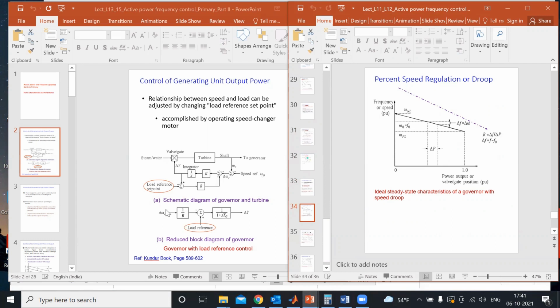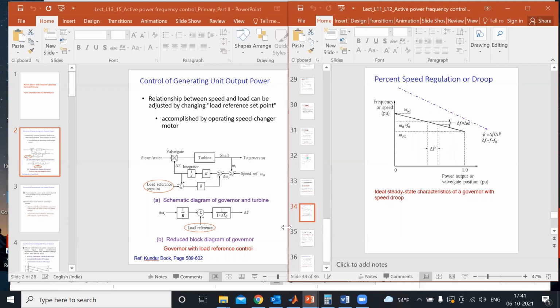So that's not only the speed deviation against the load change, but also how much power change you want from the generator. So that means you include not only the speed droop characteristic, but also the regulation in terms of the output power for the generator, and that we call the load reference or the power reference set point here.